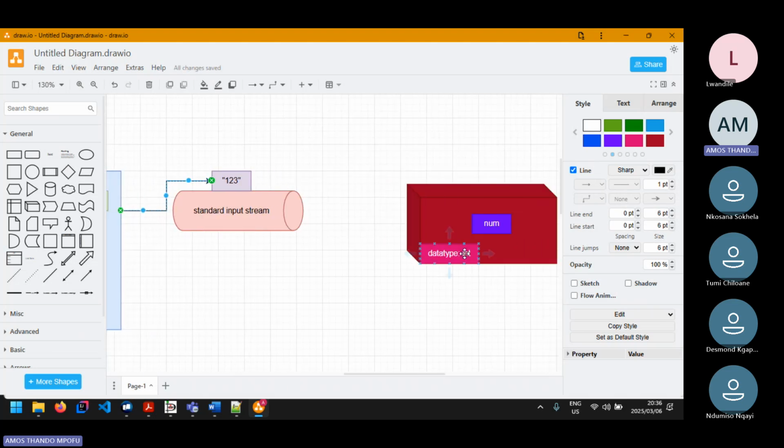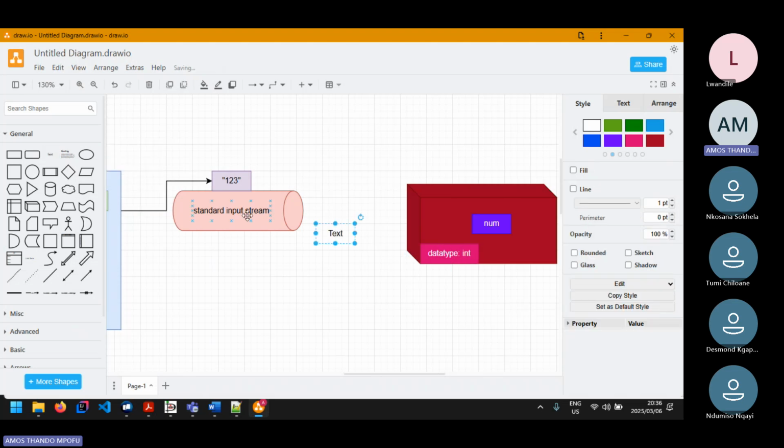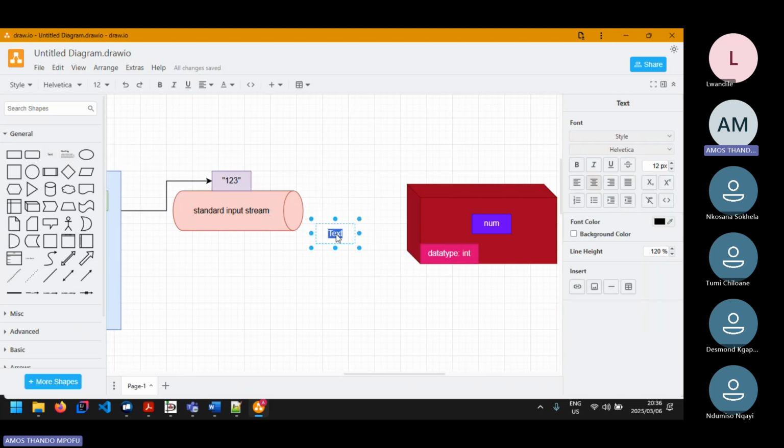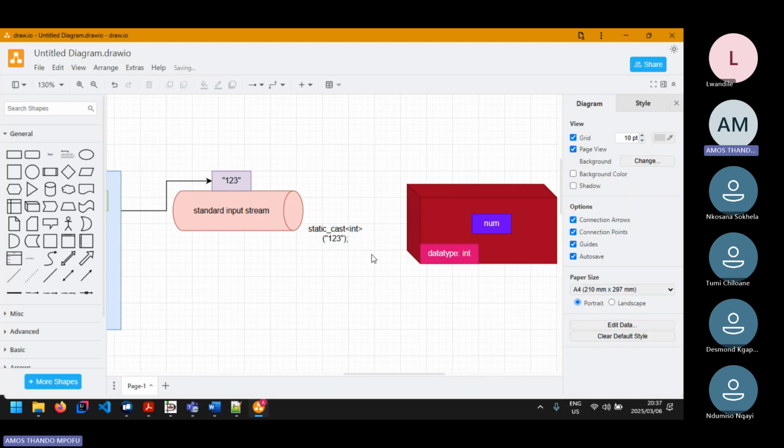But then it needs to be compatible with this type, so this is where a cast takes place. It's invisible, but it does happen: a static_cast to an integer. What am I casting? This string, 123.